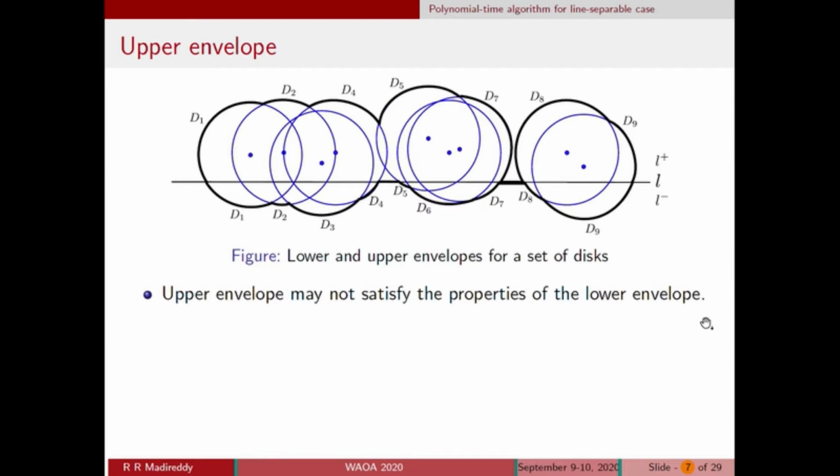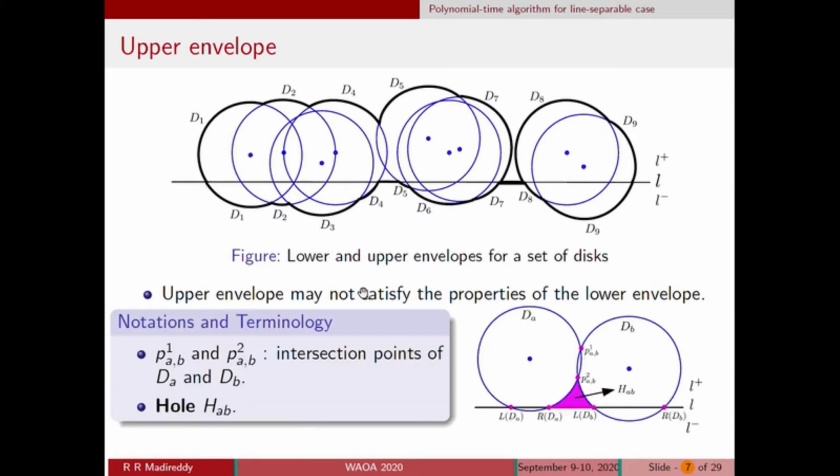You can see that the disk D3 is not contributing to the upper envelope, so the first property of the lower envelope is not satisfied by the upper envelope. Similarly, due to the fact that the disk centers are above the line, a disk may not completely cover a unique interval. So that is the problem with the upper envelope.